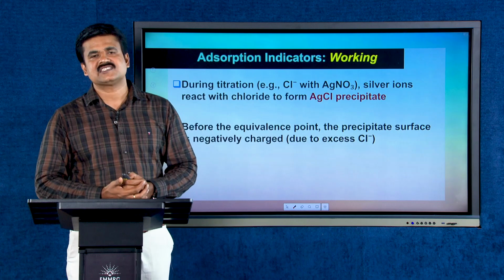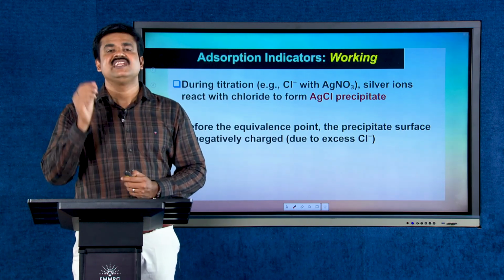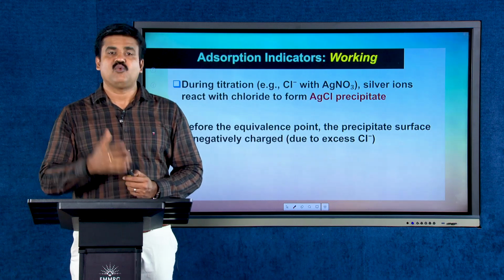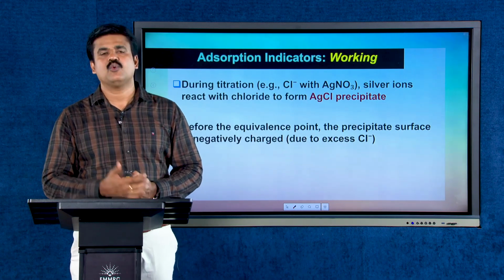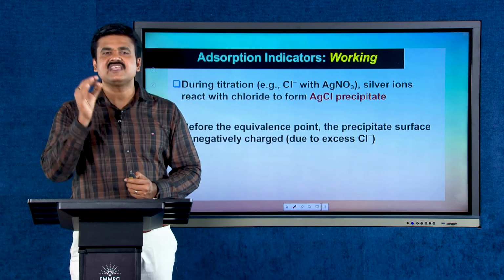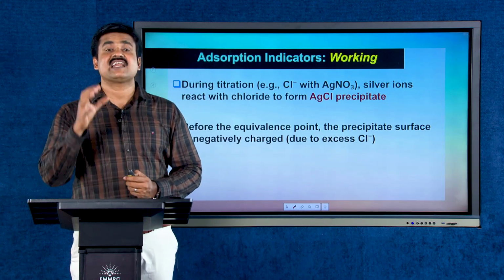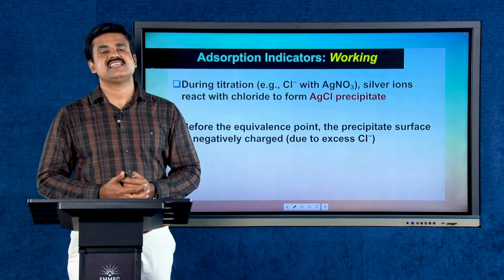Before the equivalence point, the precipitate surface is negatively charged. Why this negative charge on the surface of the AgCl precipitate? This is specifically due to excess of Cl- ions which are attached to the AgCl surface.